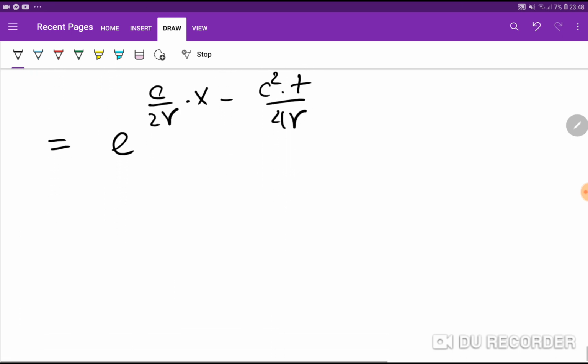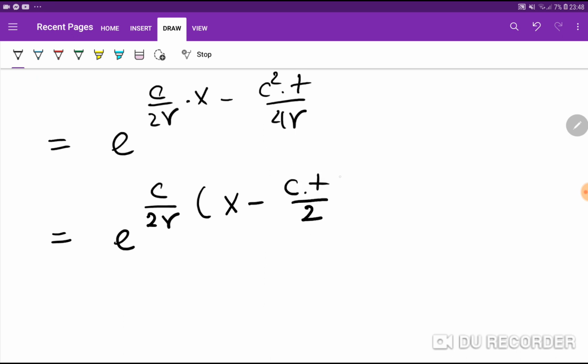If I factor out c over 2 mu, inside it will be x minus c times t over 2.